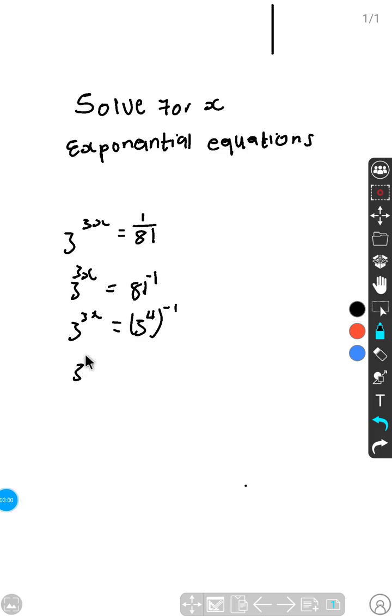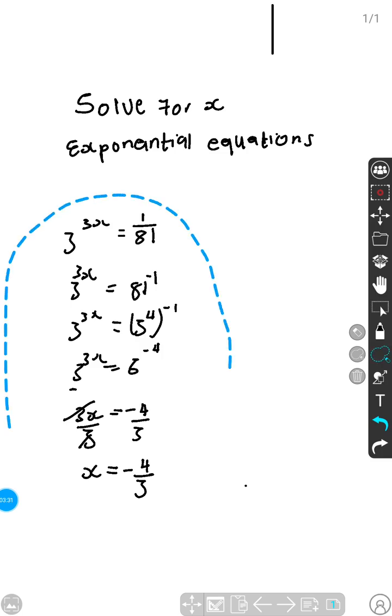Then we have 3 to the power 3x is equal to 3 to the power 4 times minus 1, which is just going to be minus 4. Then we equate the exponents, the same base. We have 3x is equal to minus 4. Then we solve for x, divide both sides by 3. This one cancels this one. X is equal to minus 4 over 3.